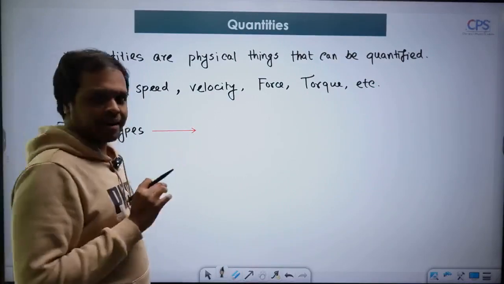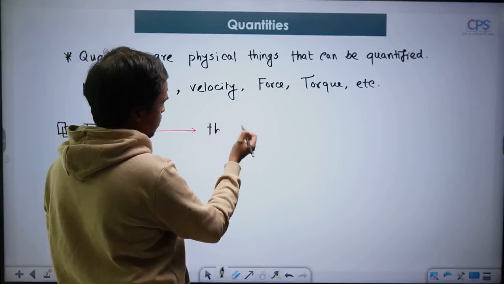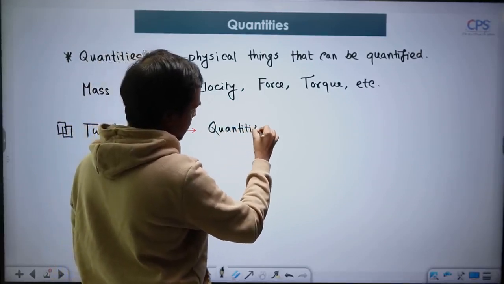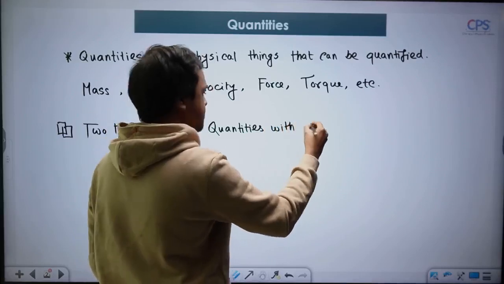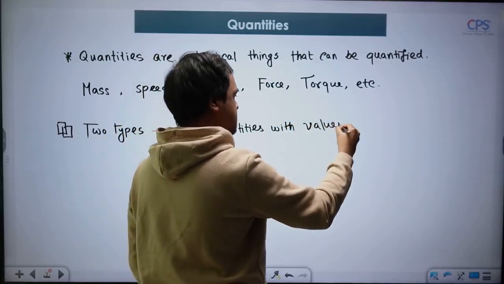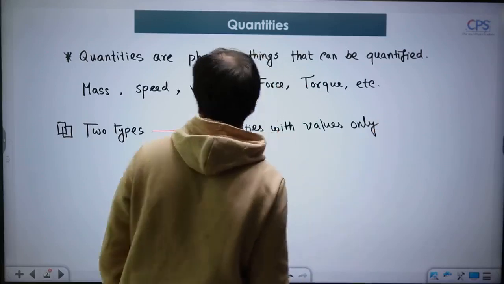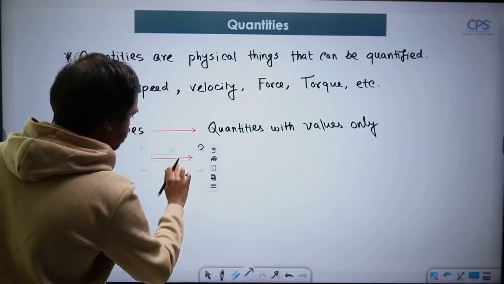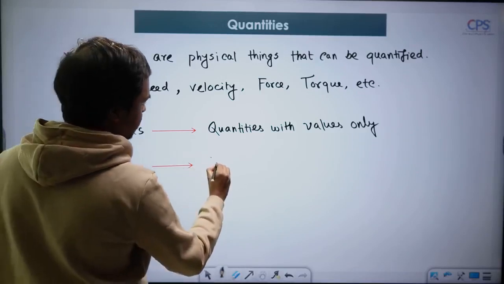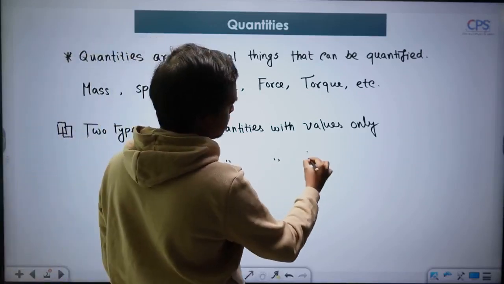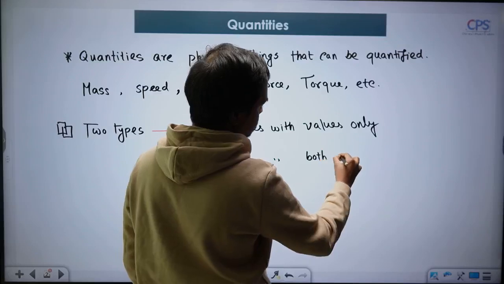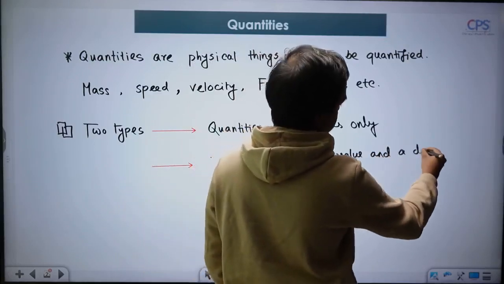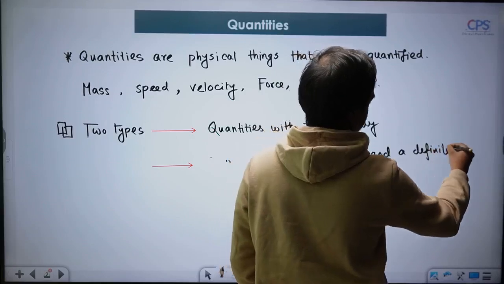So there are quantities with values only. And also there are quantities with both value and a definite direction.